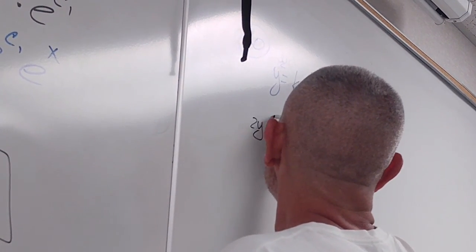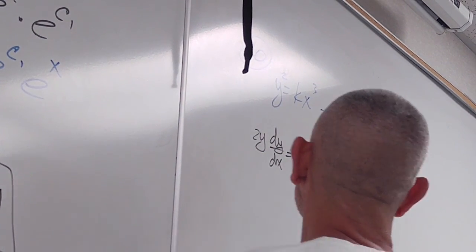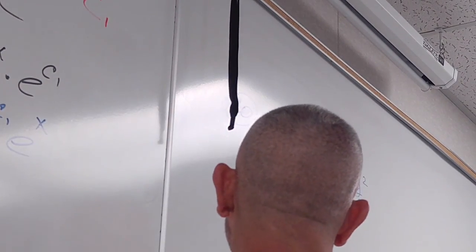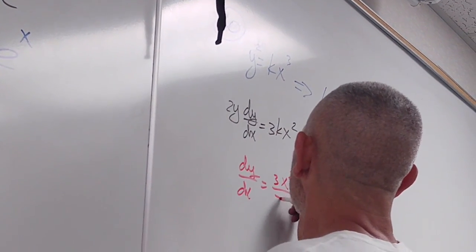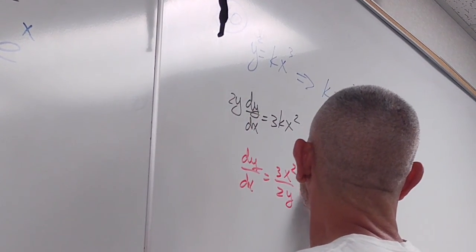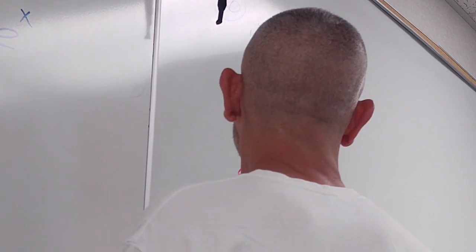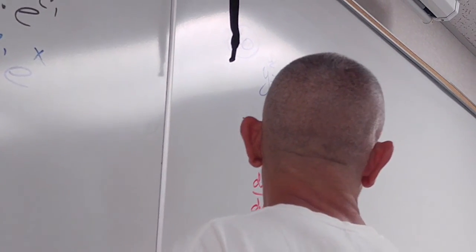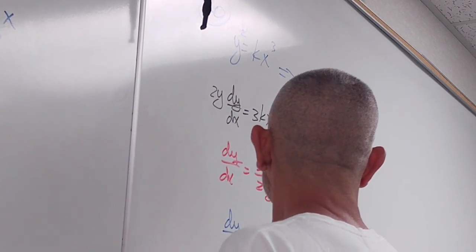So 2y dy dx is 3kx squared. Everybody okay with that? So dy dx is 3x squared over 2y times k, but what's k? y squared. So dy dx is 3y over 2x.